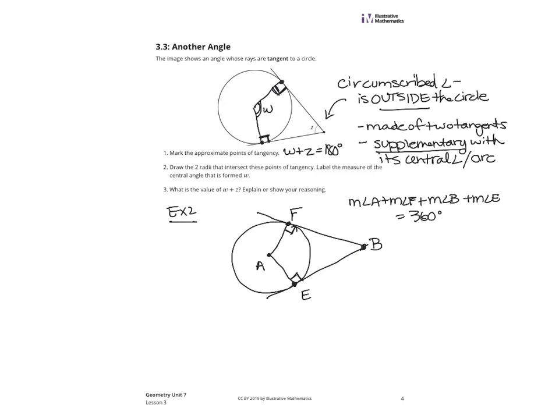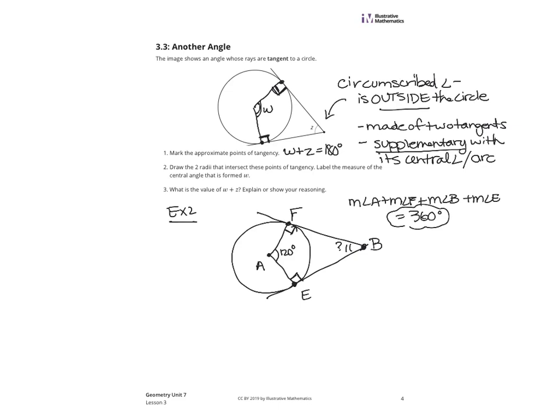So let's take a look at giving a measurement here. Let's say FAE, my central angle, is 120 degrees. Great. And I want to know what my angle B is, so I want to calculate that. I know that all four of these measures add to 360.